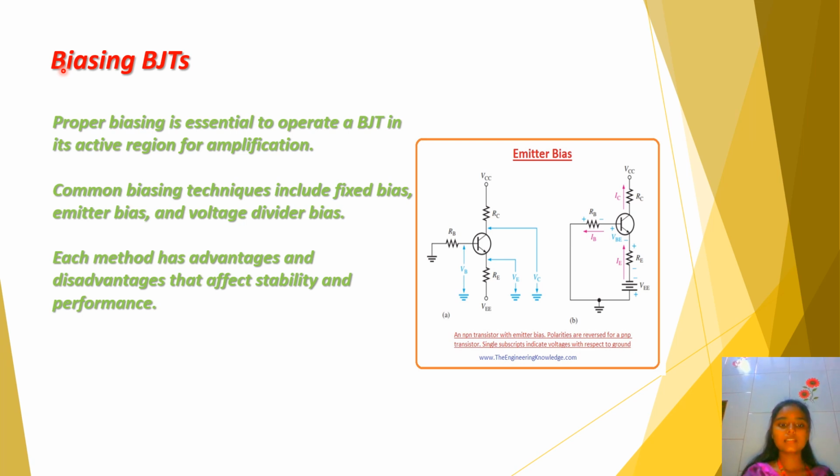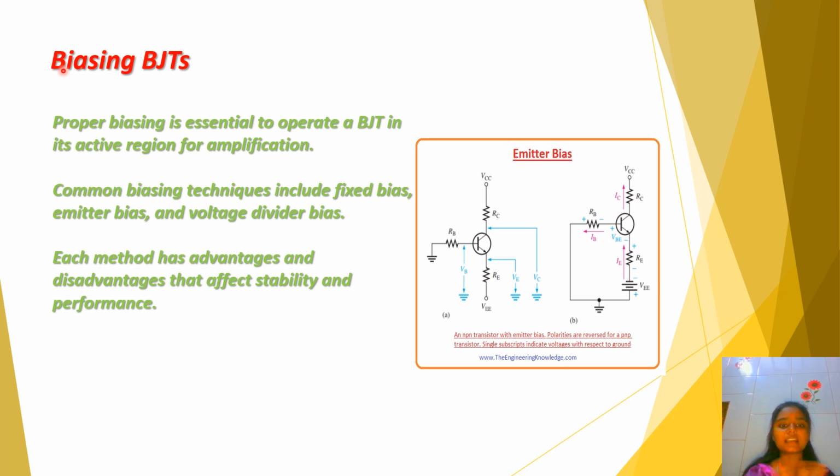Establishing operating points, maintaining the active region, and optimizing performance. Establishing the operating point means biasing sets the transistor's DC operating conditions, which is crucial for proper AC signal amplification or switching.